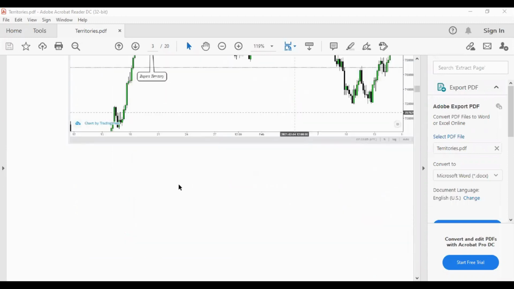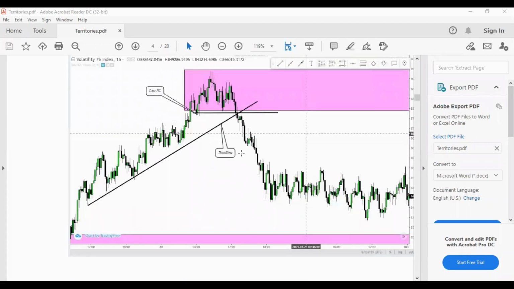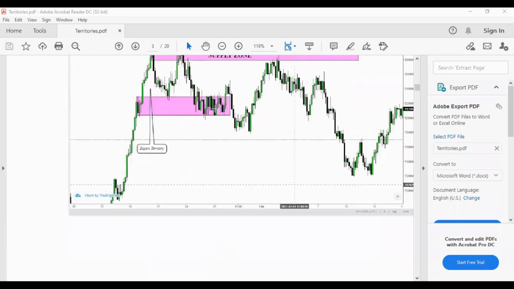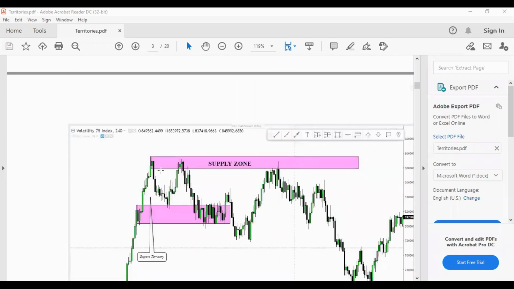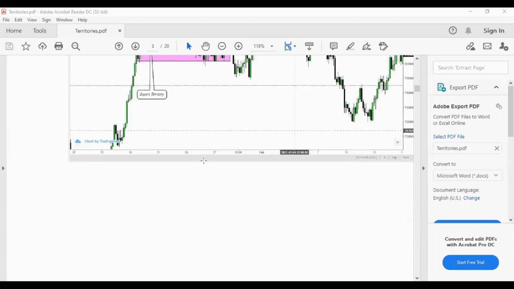So even if we're selling in this area, we're very much aware that anytime price can shoot up. The reason we're saying we're still in the buyer's territory is that no structure has been breached in this time frame.